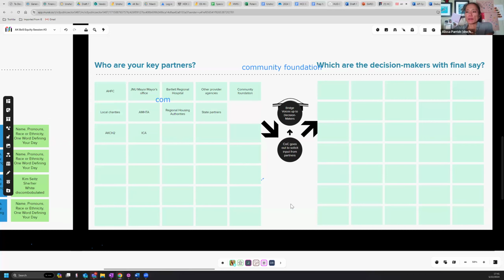Let me just clarify that these partners do not necessarily need to hold the funding that we're talking about, but they are partners in this work to help advocate for more funding. They aren't necessarily the ones that hold the purse strings here.